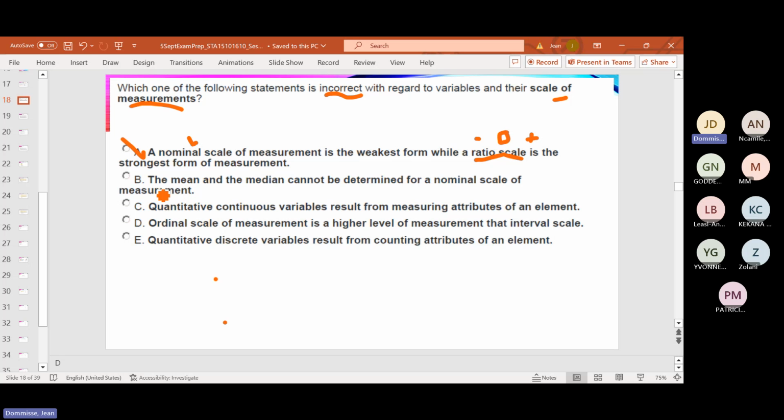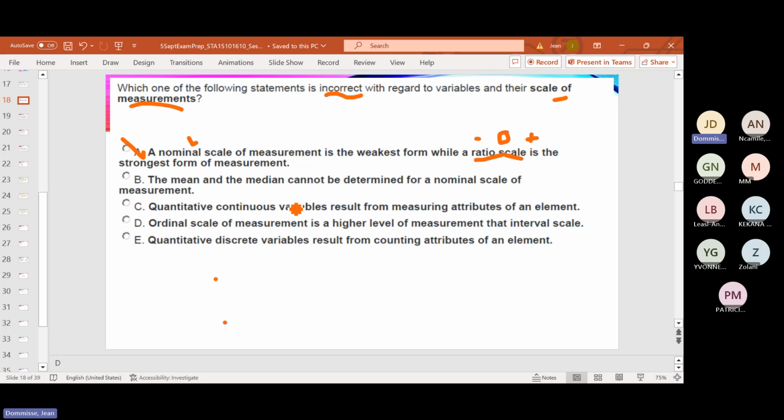The next question: the mean and the median cannot be determined for a nominal scale of measurement. Okay, so if we had province, we can't say what's the average province, unless you have something specifically that you measure within the province. Just to have province, you don't have a mean, you can't have a median.